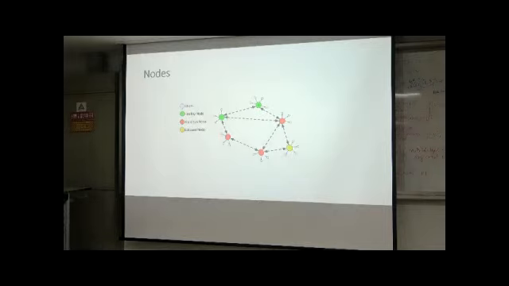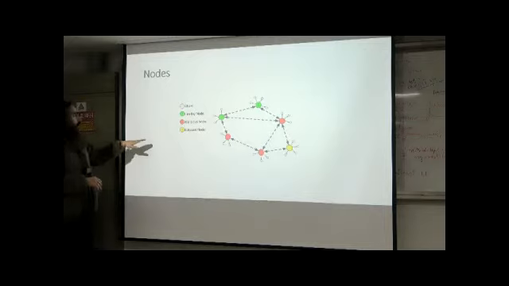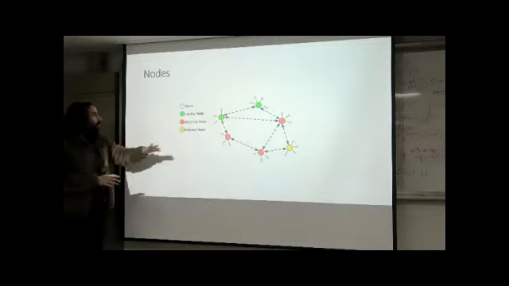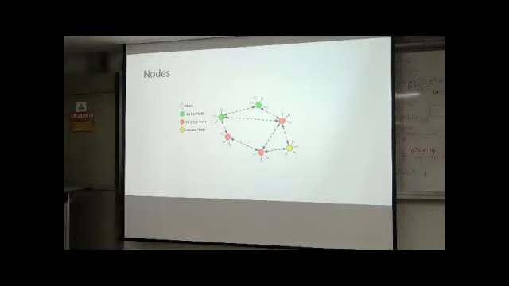Number 1, healthy nodes, and number 2, malicious nodes, and light clients, which are light nodes, and Eclipse nodes, which is a kind of attack that happens sometimes in peer-to-peer networks, and also in blockchain, especially in private blockchain.